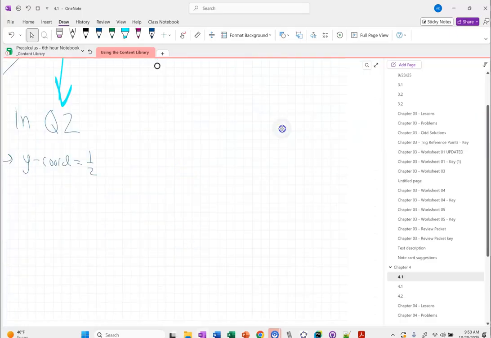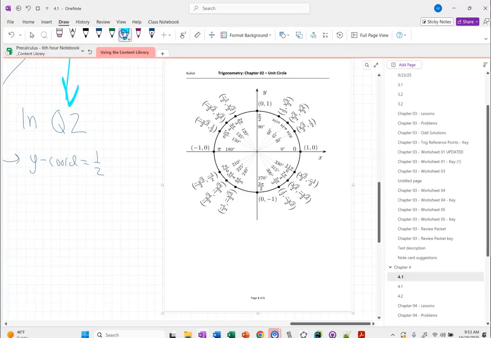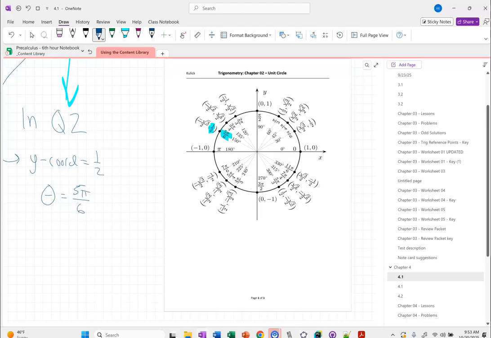So there's my spot. Five pi over 6. Jacob. Sure.